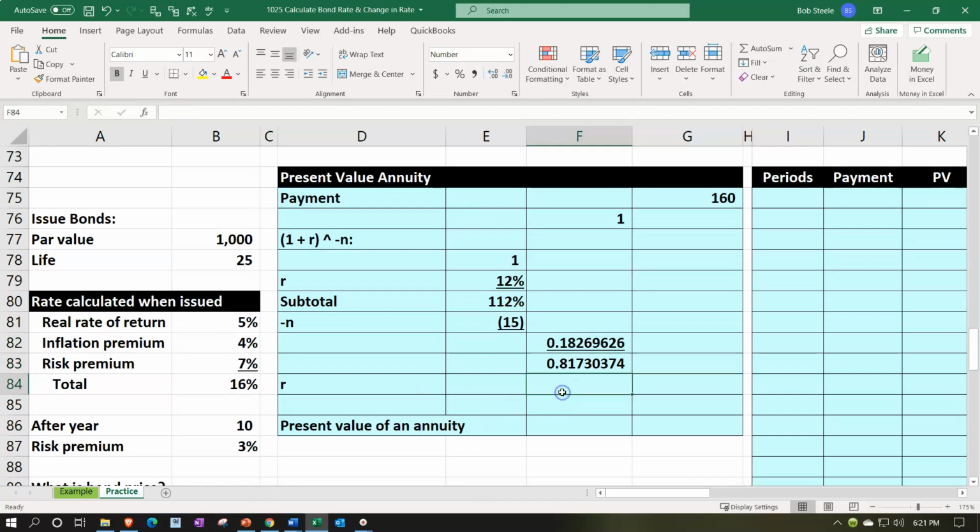Bringing in the denominator, which is going to be the rate, which is that 12% again. I won't calculate it again. I'll just put the 12%, but you know it's this, that, and this. That's the 12%. And then we'll percentify that, Number group, percent, underline, Font group, underline.